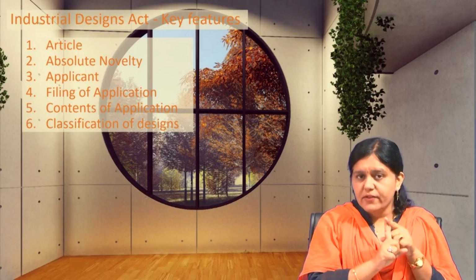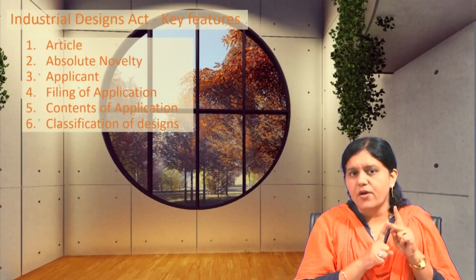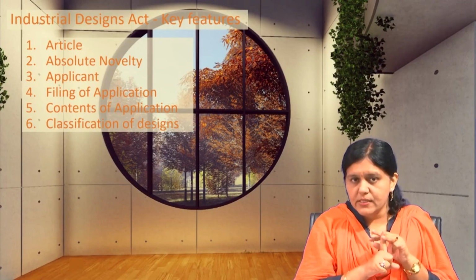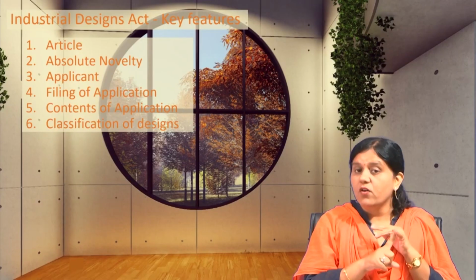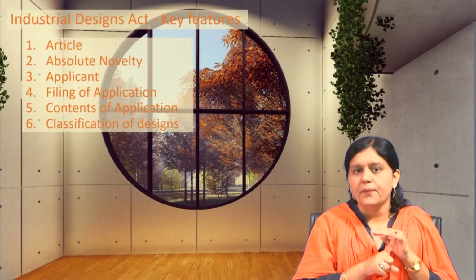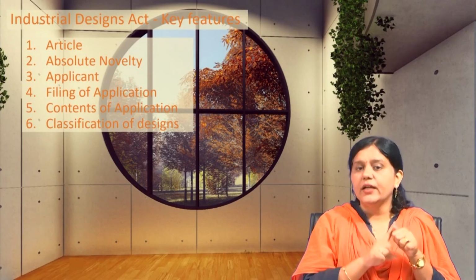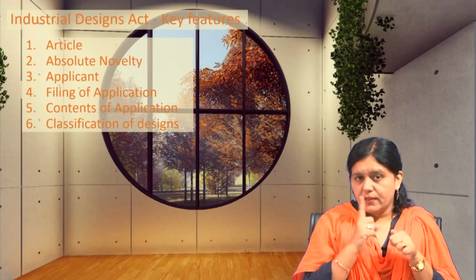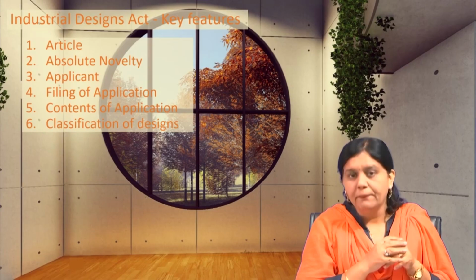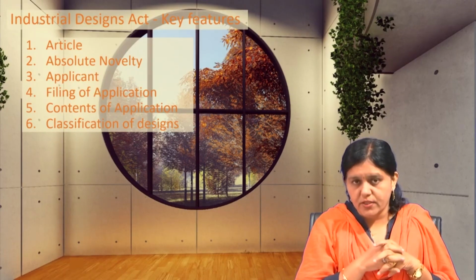Here the article is defined, then we come to know what absolute novelty is and how you have to keep the secrecy. Then we saw the 4 different types of applicants. Then filing of application, how exactly it is done, which office is there, where exactly it is processed, and the types of application. Then the content of application, the representation sheet, and how exactly you do the representation. And the last is the classification of design, the Locarno classification.